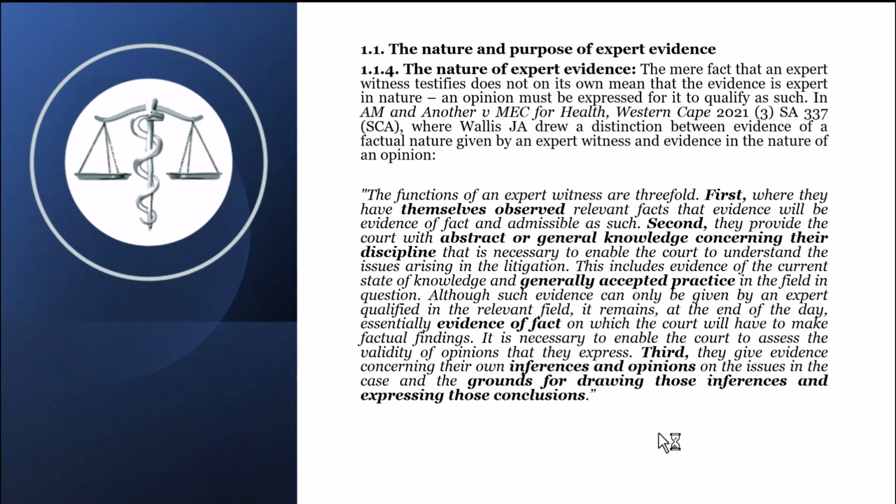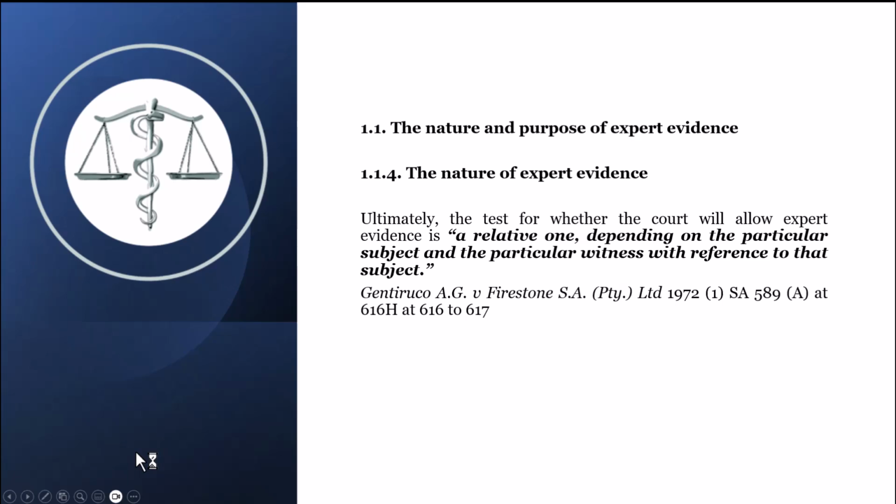Sometimes as an expert, especially in both categories, but especially that second category, there's a slight blurring of factual and opinion evidence. And then you get certain circumstances where there's a clear inference and opinions of the experts which the expert is testifying about.